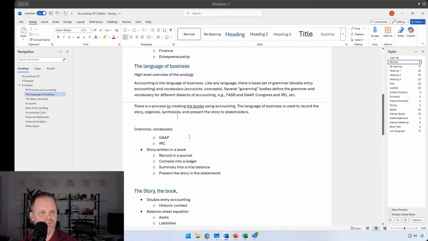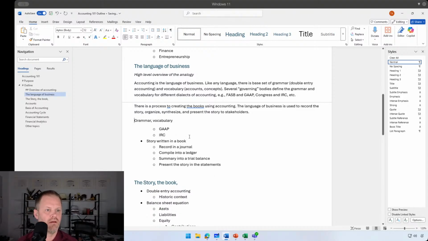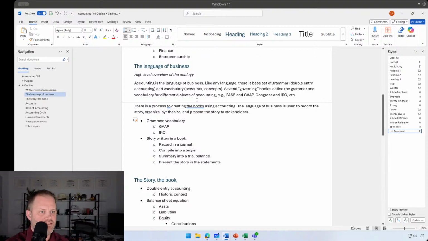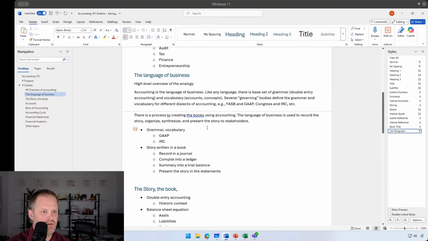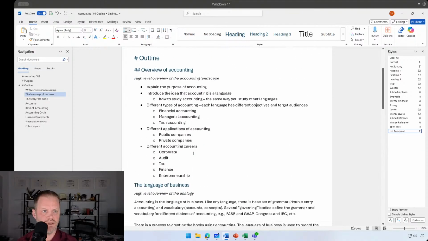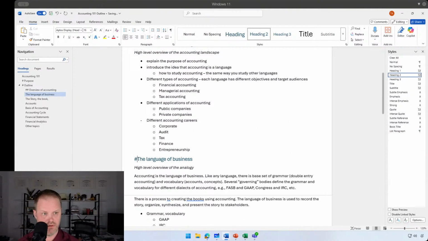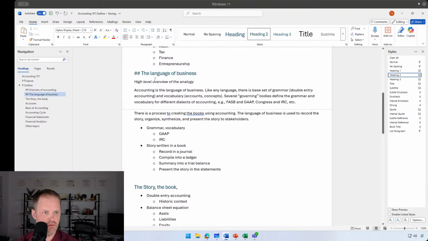All right, so kind of that's the high level overview of the language. So the concept. All right, so let's lay this out.